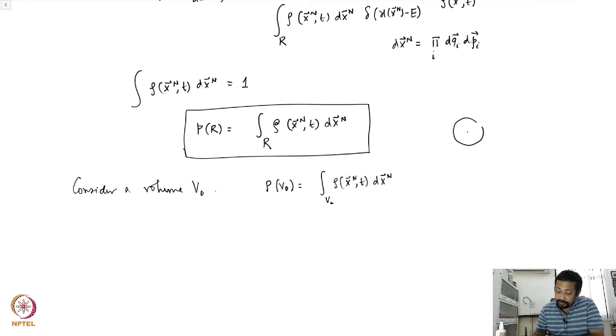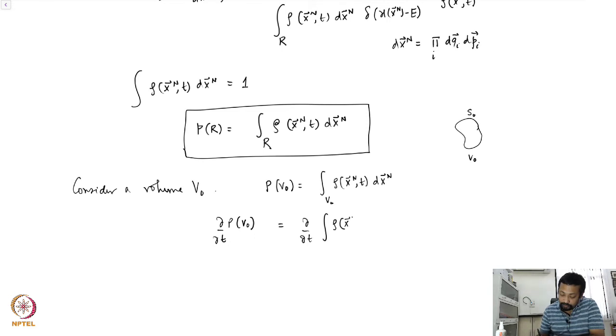Now if I have this region V0, let's not make it a sphere, let's make it slightly arbitrary, this volume V0 will enclose a surface S0. So the time derivative of this probability, del t of P of V0, is going to be the integral over V0 of del t of rho of xn comma t dxn.